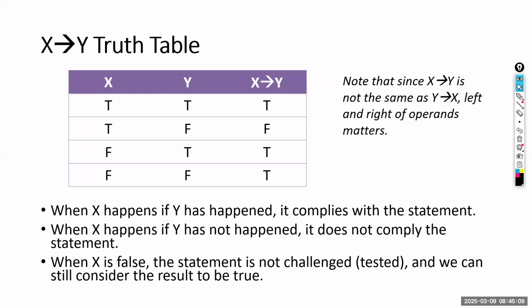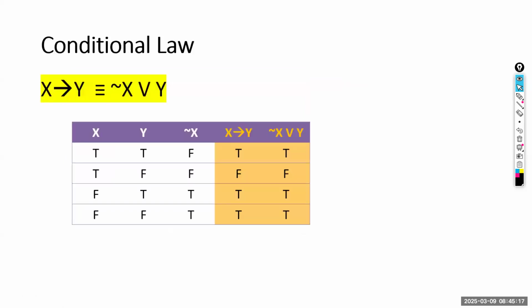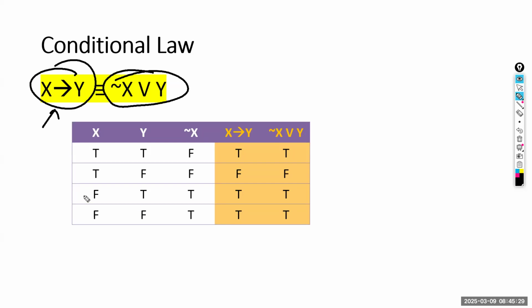So think about it, right? This is just a starting point, not the end of it. Right. So there is a logical equivalence to this, which will help you understand it further.